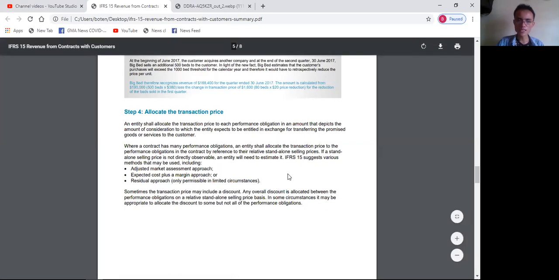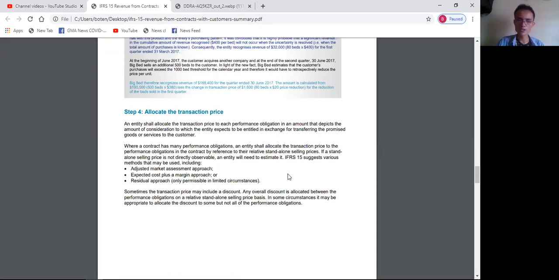So here are some options that are suggested by IFRS 15. In this case, we're going to use the adjusted market assessment approach. This is where we use the net realizable values or estimated market values. Since we cannot determine the fair values, we use the estimated ones.